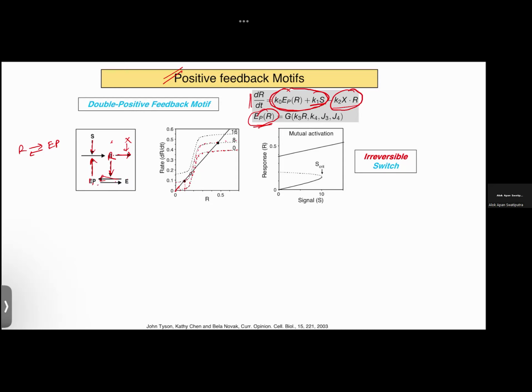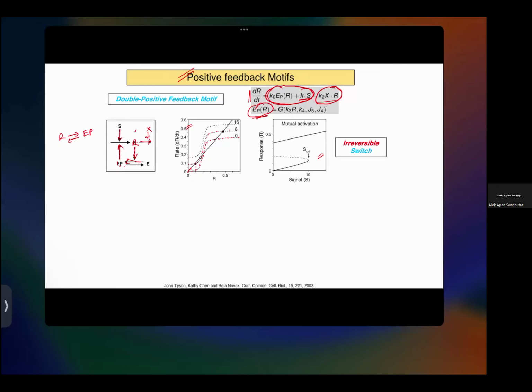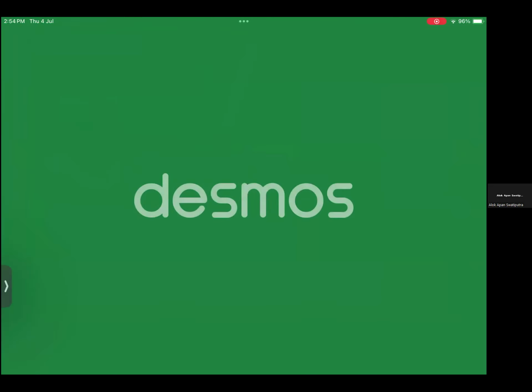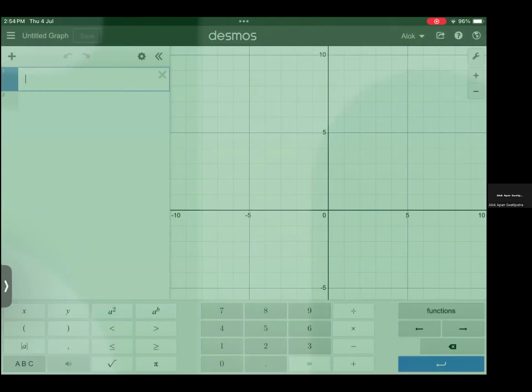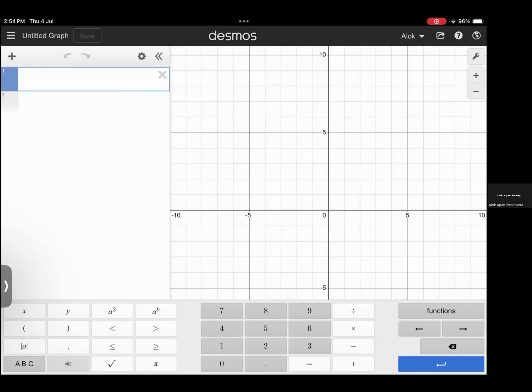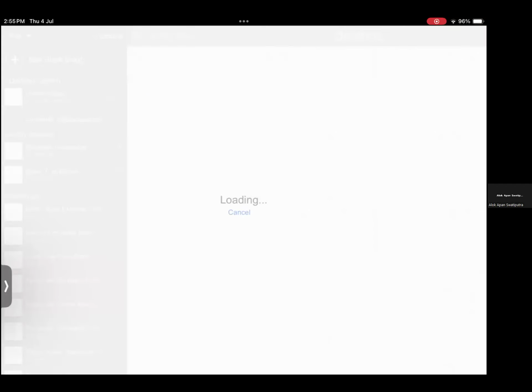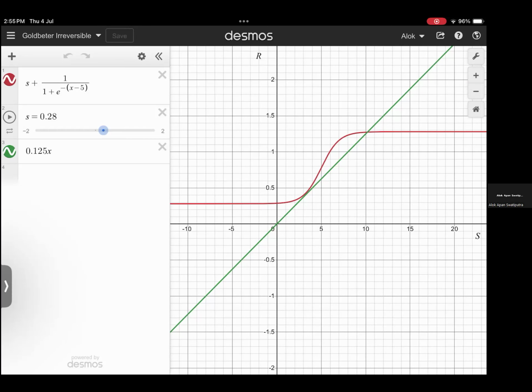So now, do you understand how this picture comes from this? Not very evident, right? Okay. I have taken a representative sigmoidal function, which is 1 by 1 plus e to the power minus something, plus S. This is the signal.